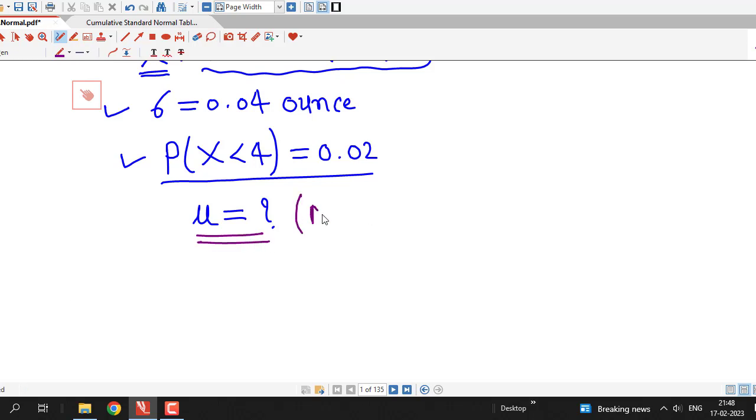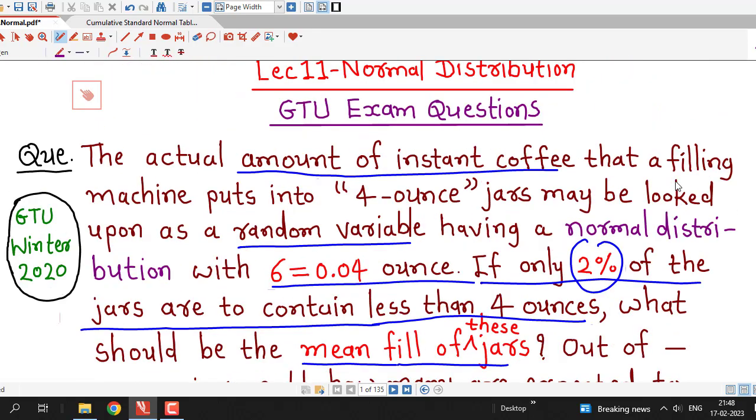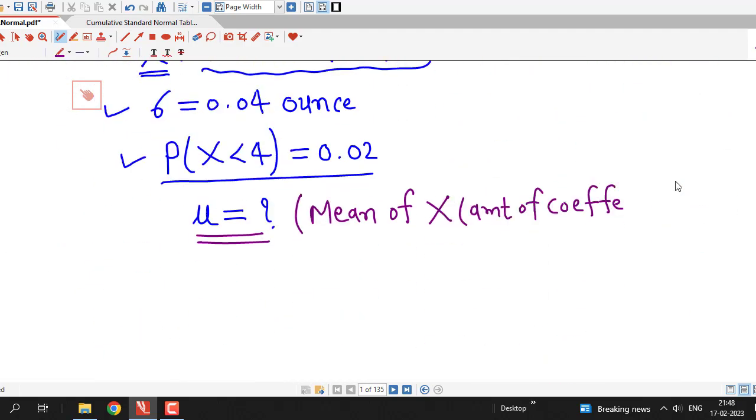This mu is nothing but the mean of capital X, which is the amount of coffee. So we have to decide this mean fill of jars, and that is nothing but the average amount of coffee.